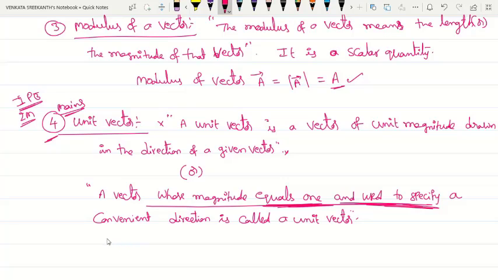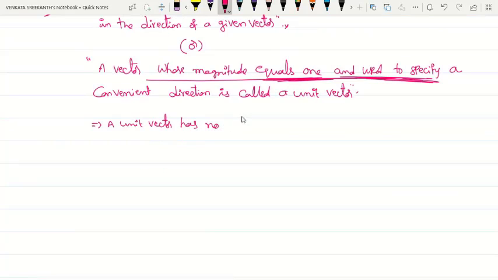This unit vector can be represented by a cap. One important point: a unit vector has no units and no dimensions.